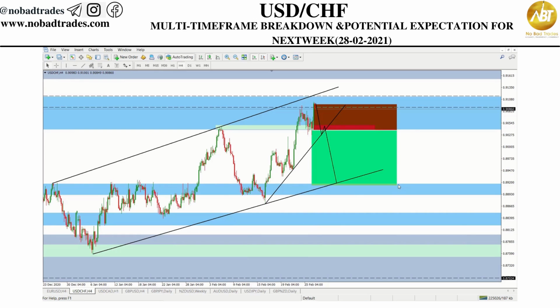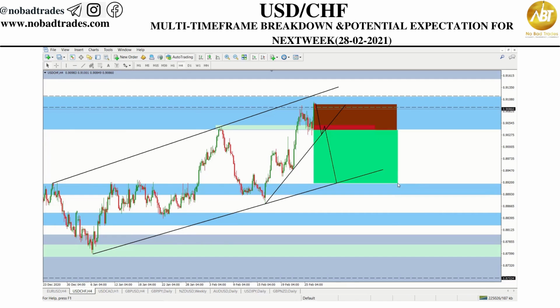Definitely, this is what I'll be expecting of this pair next week. First, confirmation on break. If I don't see this confirmation on break, I'm not going to enter this trade at all, because there's no point.